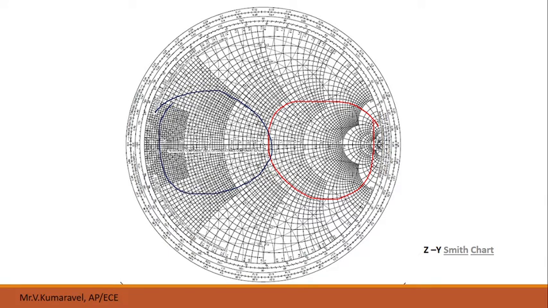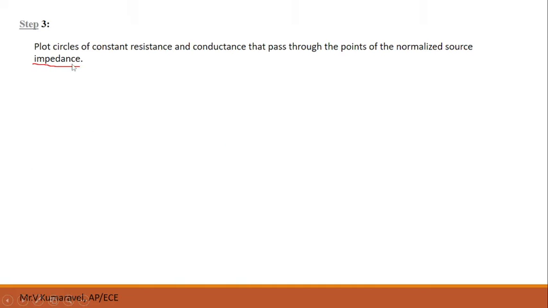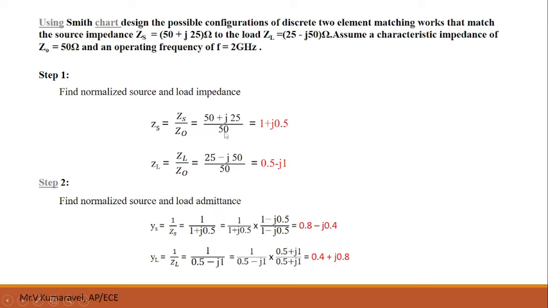Now we need to draw the resistance and conductance circles that pass through the point of normalized source impedance. Normalized source impedance is 1 plus J 0.5.